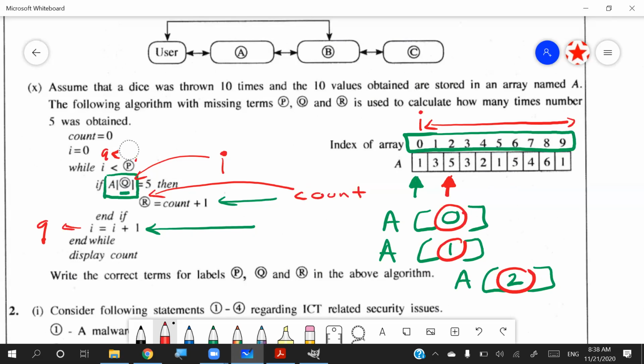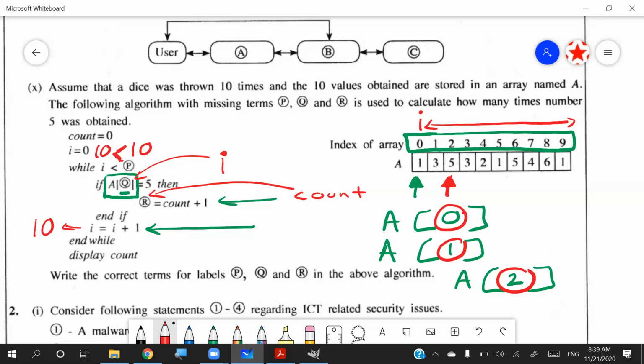For that reason, P should be 10. Then the 9th position is also compared, then I becomes 10, and now the condition is false, so the iteration stops. So P is going to be 10, right?